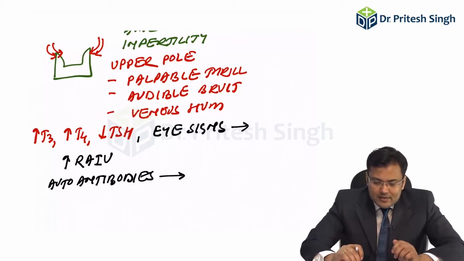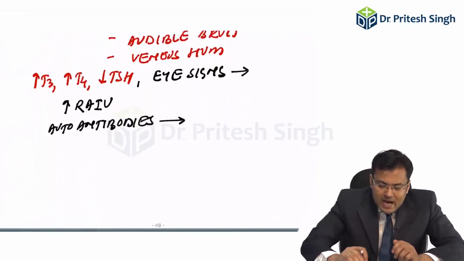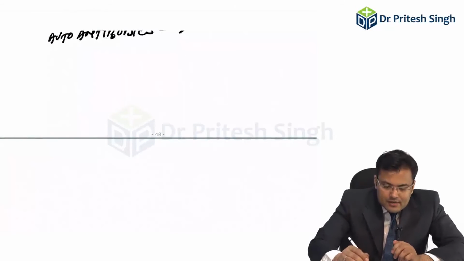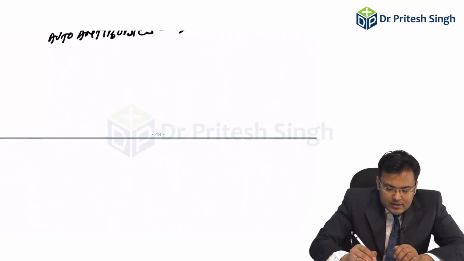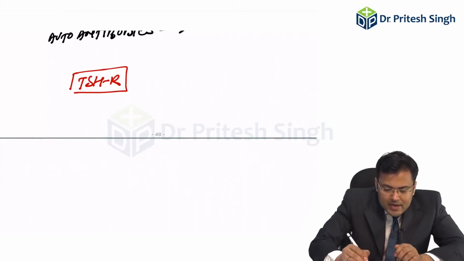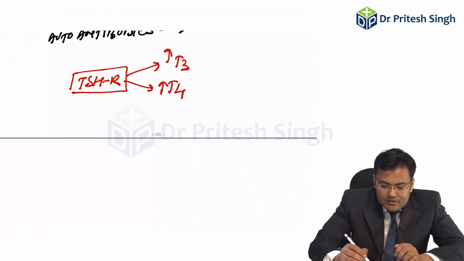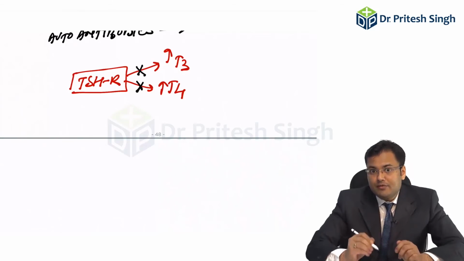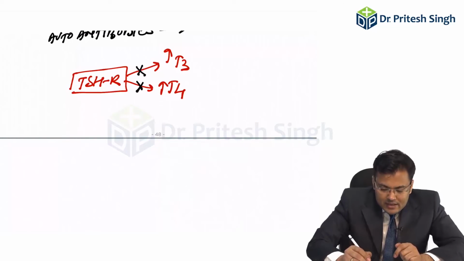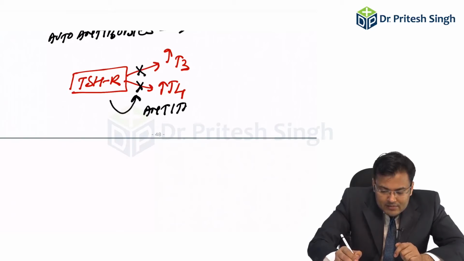So diagnosis is done. Now what is our main role? First, our main role is, suppose this is TSH receptor. Our main role is to decrease the production of T3 T4. In this case, there is increased production. So I want to decrease the production of T3 T4 first. That's why I will give what? Antithyroid drugs.